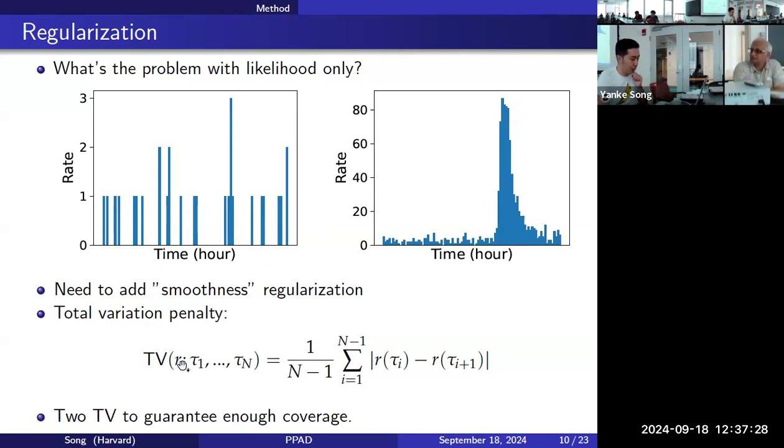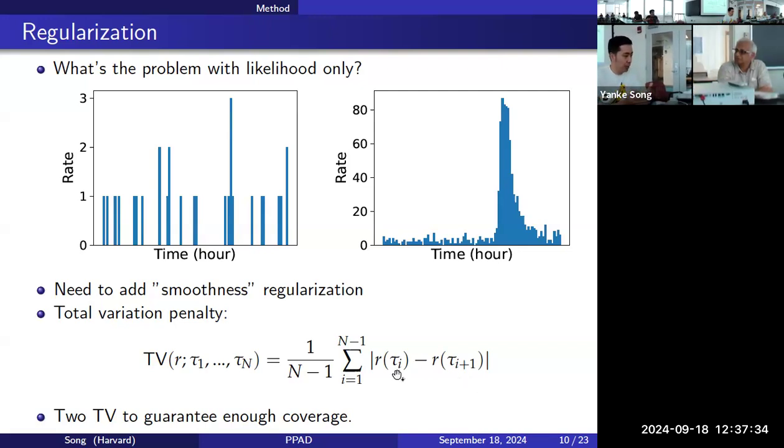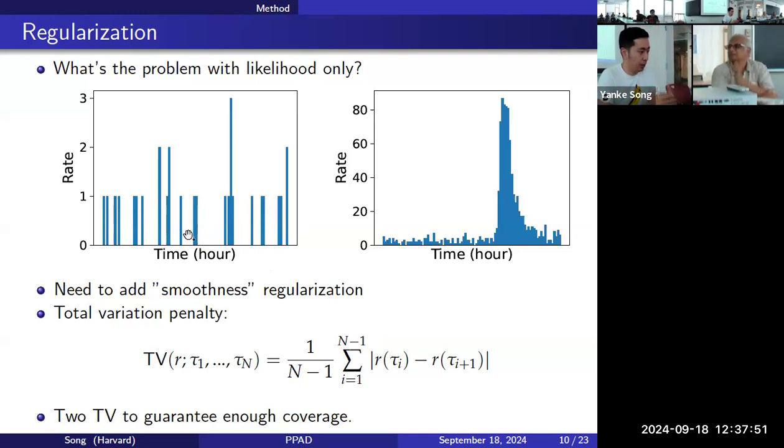One is because for the total variation penalty you need a set of points, right? I'm using two sets of points. One set of points is the arrival times, and another set of points is the uniform points outside of the arrivals. So I'm combining these two sets of points and calculating total variation. That prevents those types of things from happening.